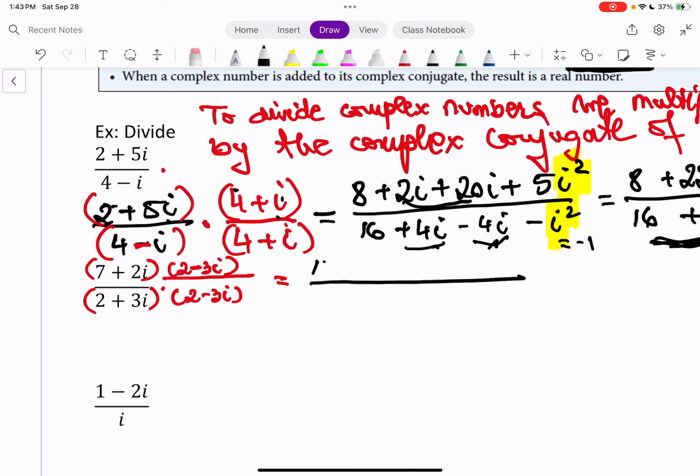So 7 times 2 is 14. 7 times negative 3i is negative 21i. 2i times 2 is 4i. And 2i times negative 3i is a negative 6i squared. The bottom, I'm going to get a 4 minus 6i plus 6i and minus 9i squared.